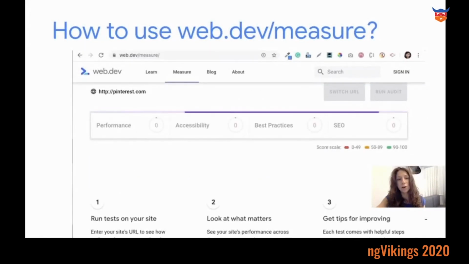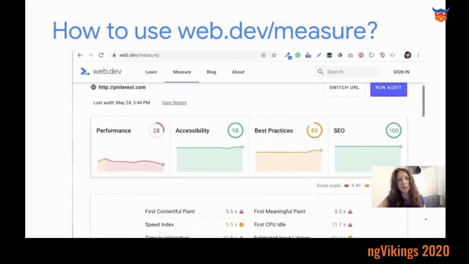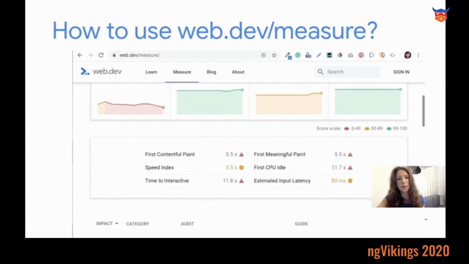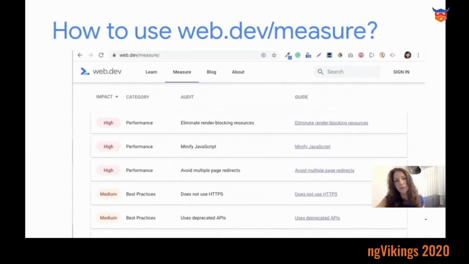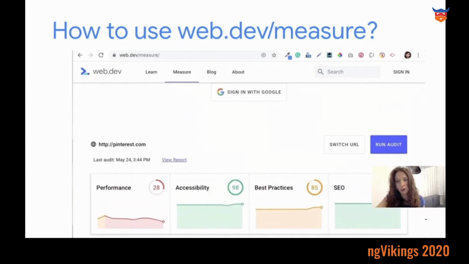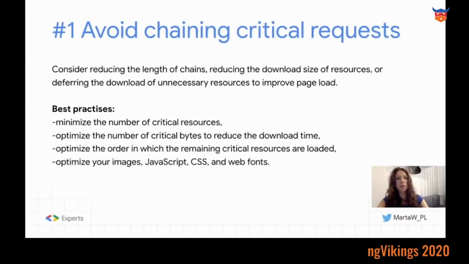I highly recommend you try this measure tool from web.dev. It's based on Lighthouse, and it gives you a report on the performance of your app, and also gives you tips on how you can improve it specifically for your web app. Based on the results of this test on these progressive web apps, I prepared these tips for you on how you can improve the performance of your web apps.